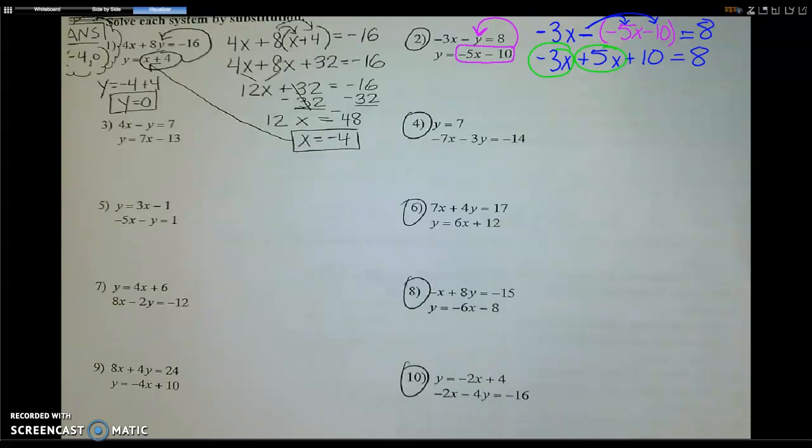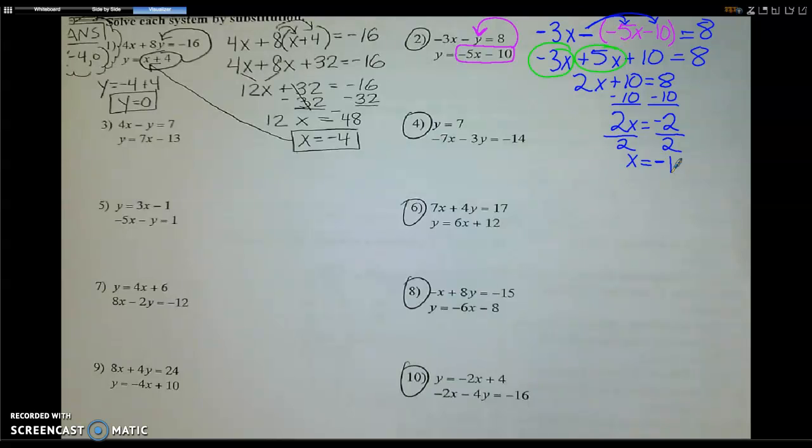So that's going to give me 2x plus 10 equals 8. Minus 10, minus 10. So 2x equals negative 2. Divide by 2, divide by 2, x equals negative 1.